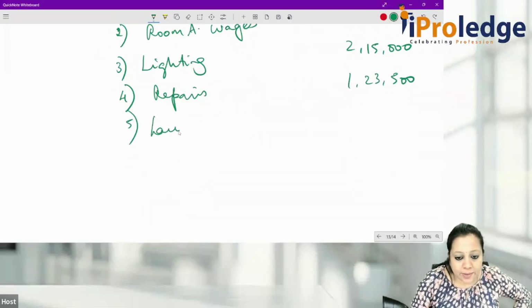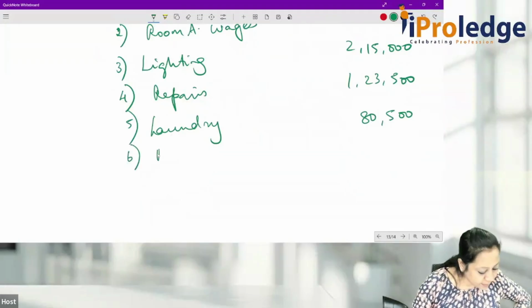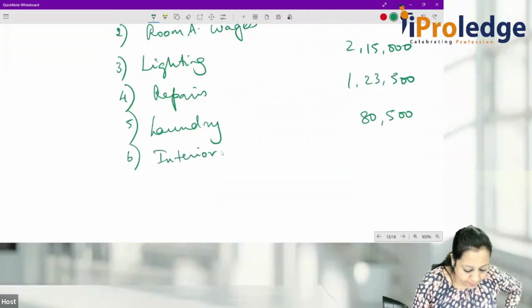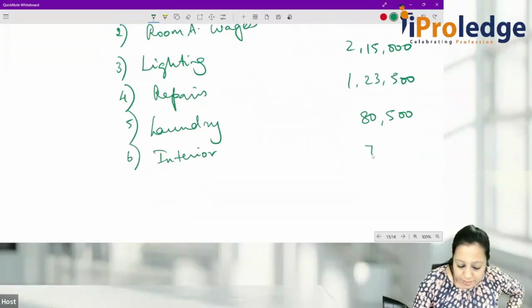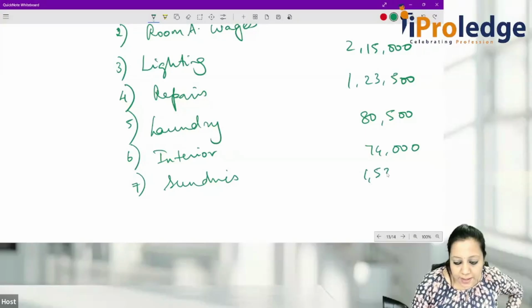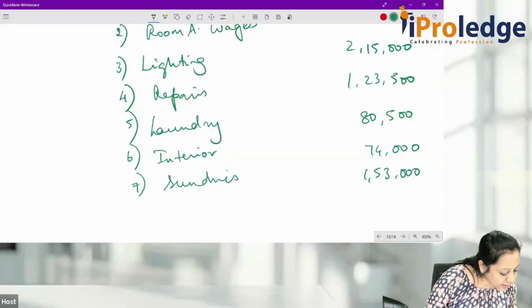Laundry 80,500. Repairs we have already taken. Then interior decoration 74,000. Sundries 1,53,000.